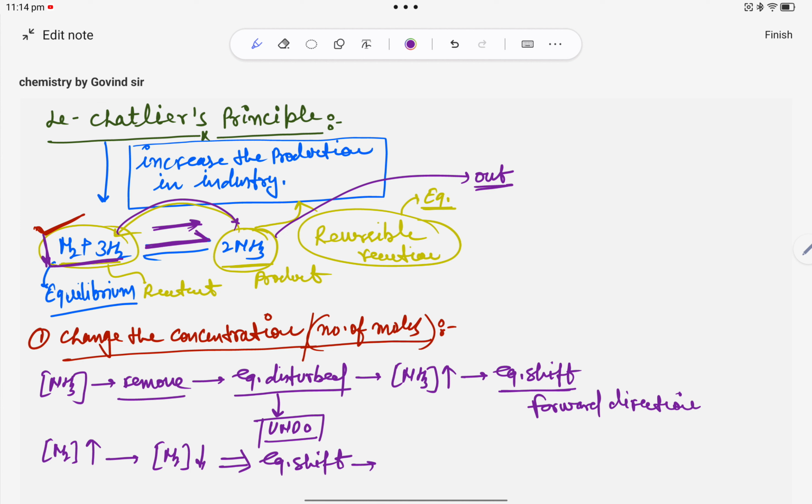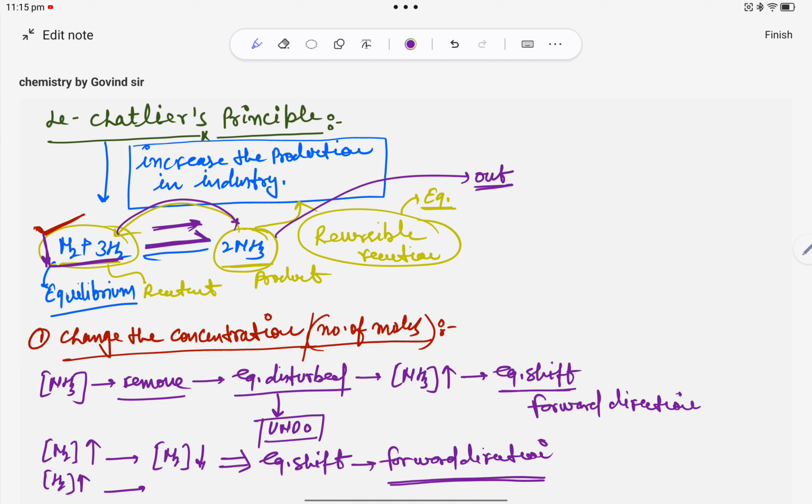Then the equilibrium shifts in which direction? Again forward direction. If the equilibrium shifts in the forward direction, then only the production of ammonia increases. Similarly, you can do the same procedure for hydrogen also.